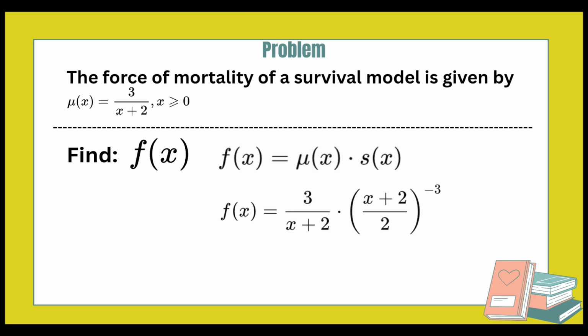So f of x equals 3 over (x plus 2) multiplied by ((x plus 2) over 2) raised to negative 3. We simplify this using basic algebra, and we get 24 over (x plus 2) raised to 4. So our probability density function is equal to 24 over (x plus 2) raised to 4.